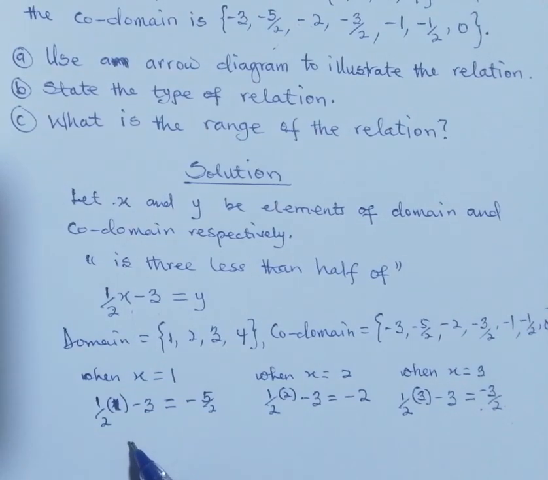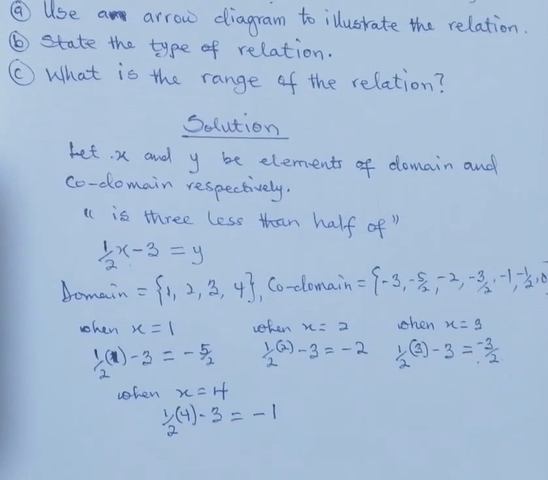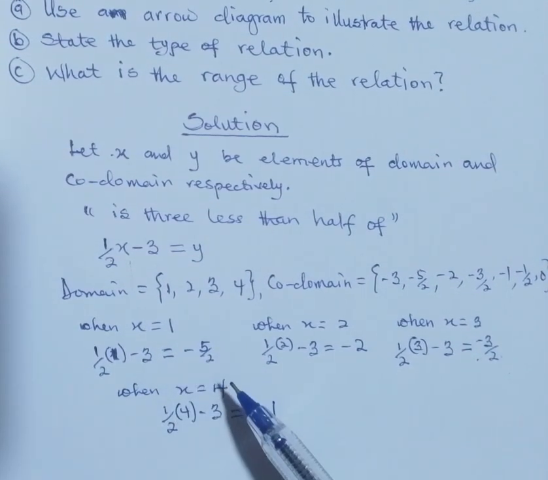Then when x is equal to 4, we multiply the 4 by half and subtract 3 from it, which will give us -1. Good.